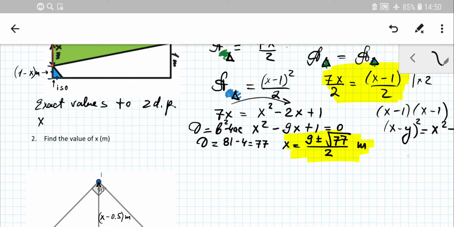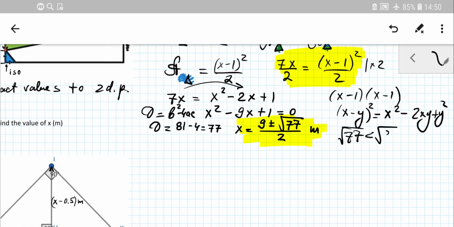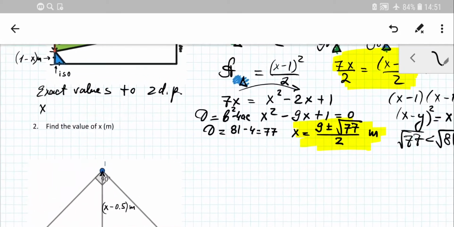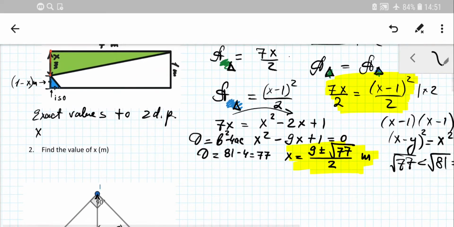We can estimate without a calculator, so the square root of 77 is less than the square root of 81, which is 9. So we can check that 9 minus the square root of 77 is positive, because by definition the side is not going to be negative. So that's why we have two options for the value of x. So we might have several x values.